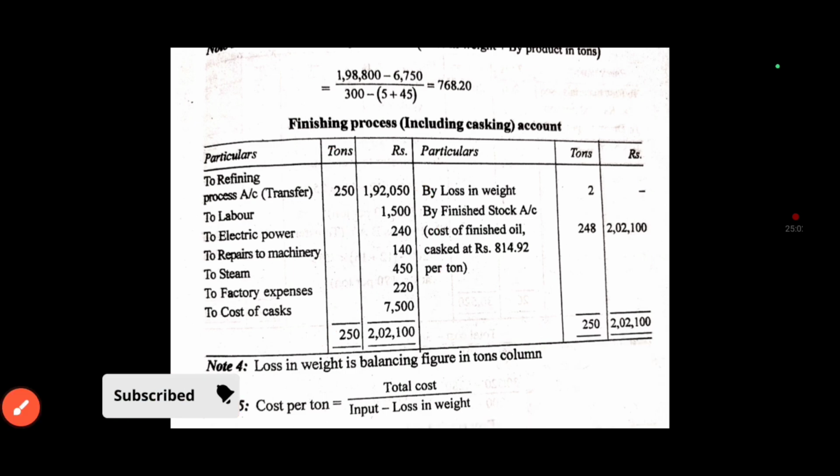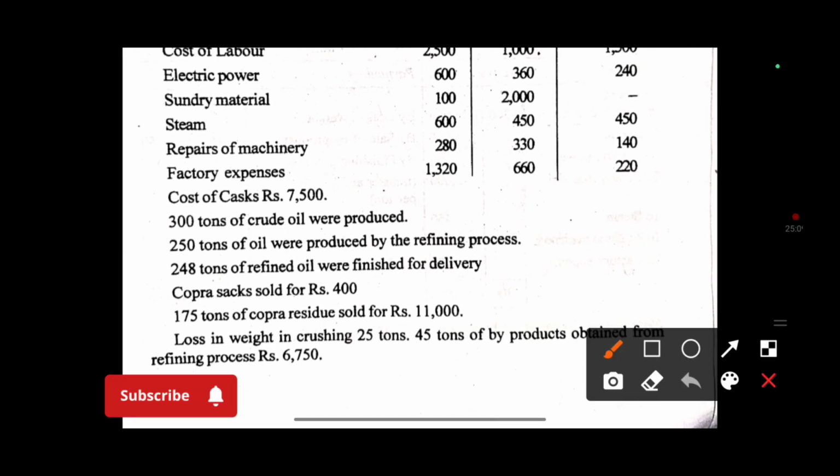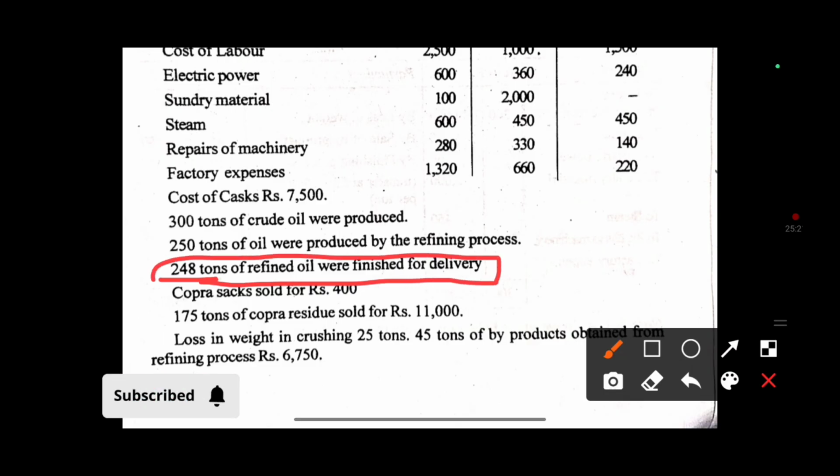Okay, let's come to the question. Listen, at the end of the finished product, 248 tons of refined oil were finished for delivery. So, how much oil was finished for delivery? 248 tons of refined oil were finished for delivery, which means this is called output.